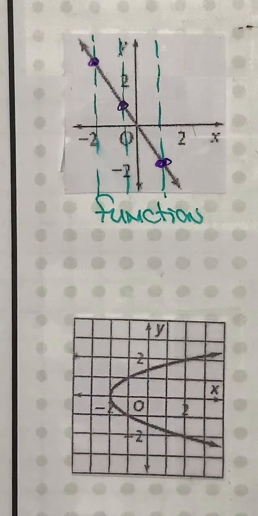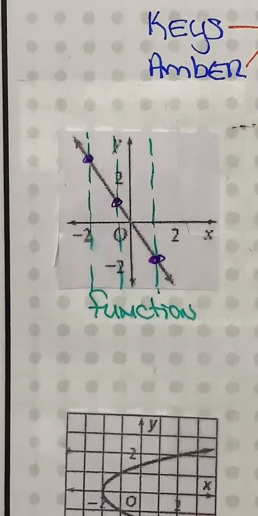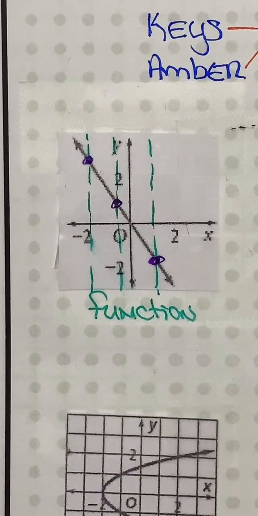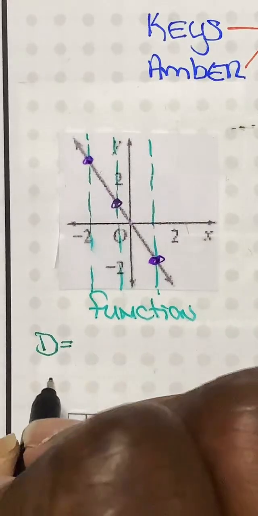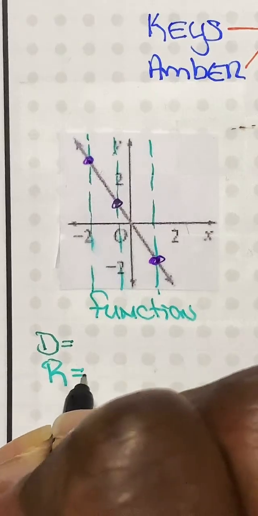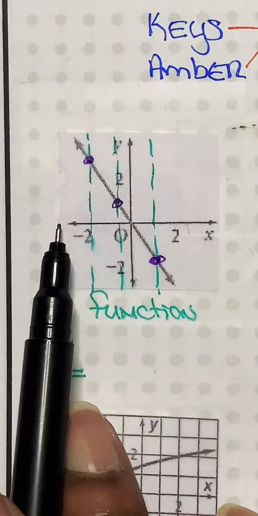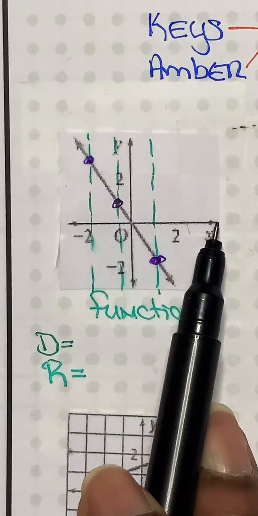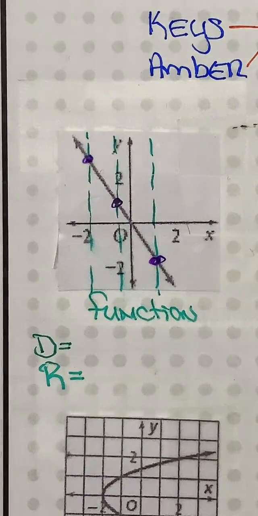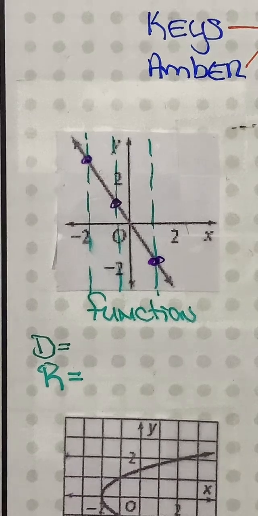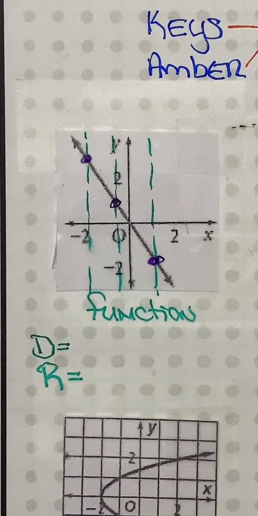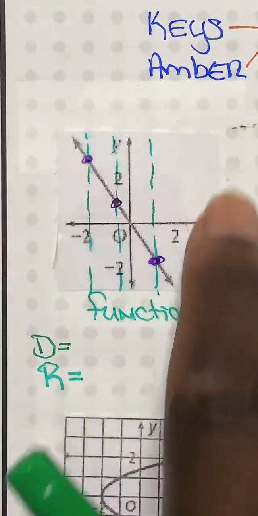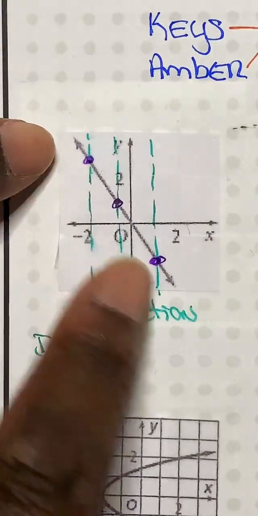So now, if we want to look at the domain and the range. So the domain, I'm just going to write D for domain and R for range. Your domain is the list of X's. So what we're seeing here is only a small snapshot. You ever see someone take a picture really close, and then when you step back, you start seeing everything else that was around it? That's what's happening here. We're only seeing part of this graph.